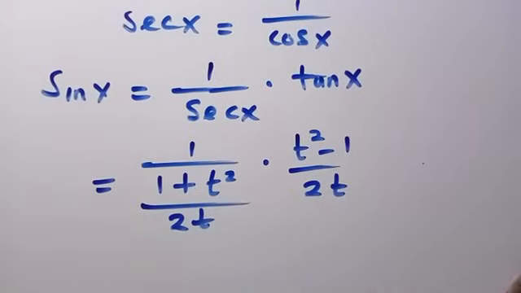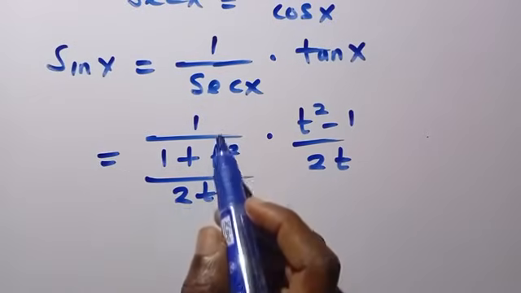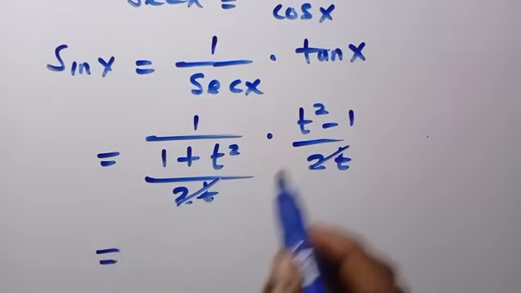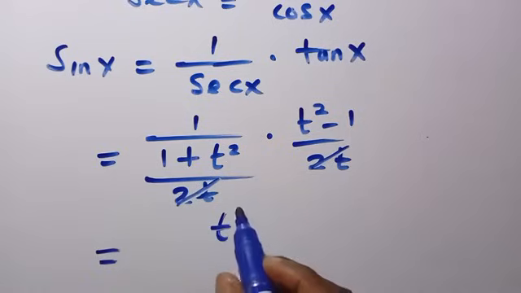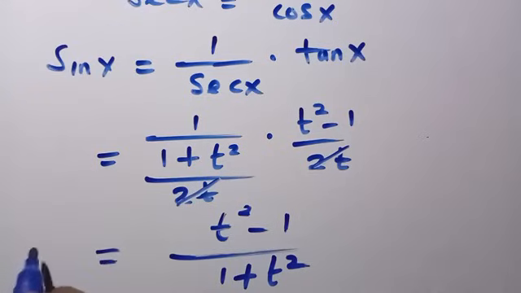By the law of reciprocal, this 2t will come up and cancel the other one. When it is cancelled, we have the result t squared minus 1 divided by 1 plus t squared, which is the value of sine x.